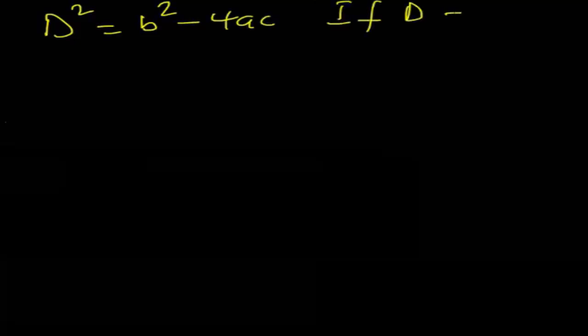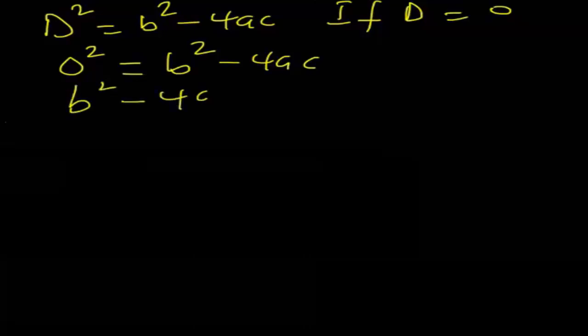If we set d equal to 0, when your discriminant is equal to 0, the equation becomes a perfect square. So if d is 0, then 0 squared equals b squared minus 4ac, which gives 0. Automatically you have b squared minus 4ac equal to 0.